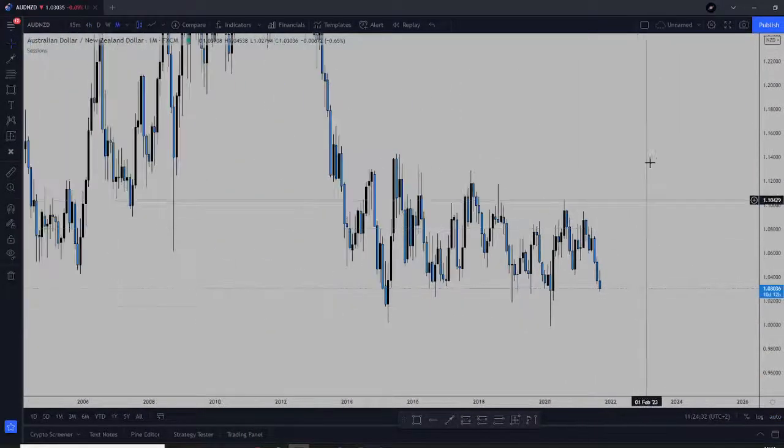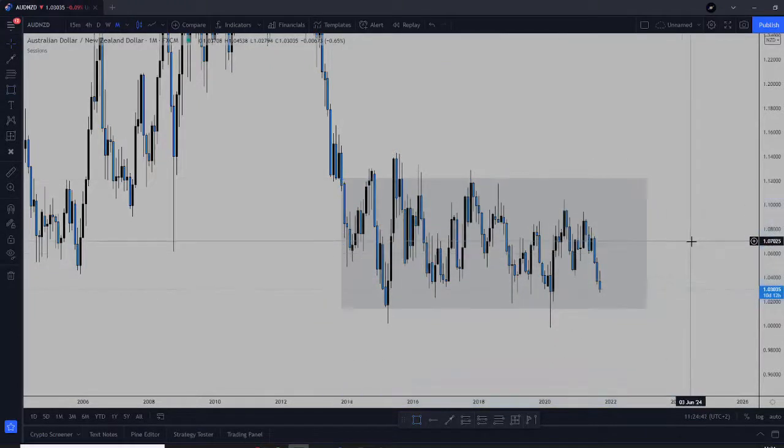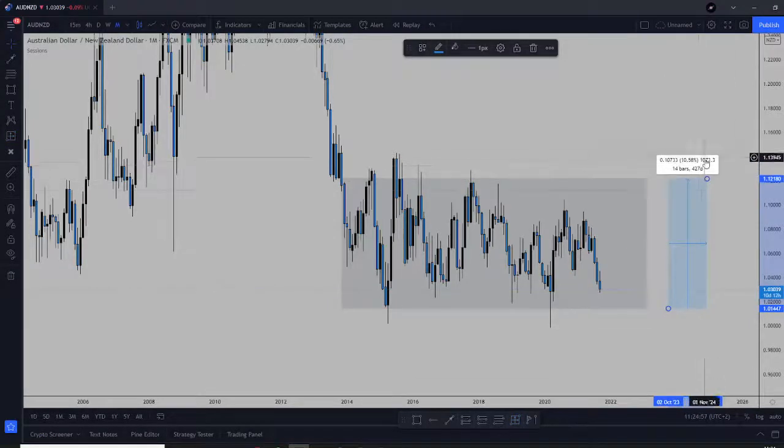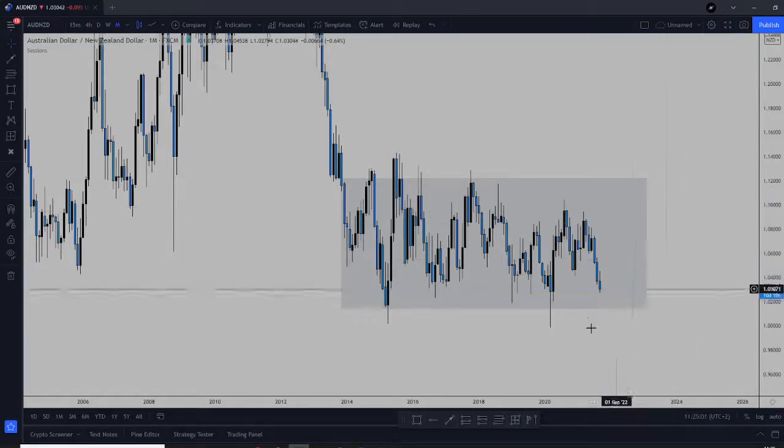Since 2014, so for 7 years, it's just been in this monthly ranging market, ranging between 1.01 and 1.12. So literally like 10 cents difference. Yes, those are a lot of pips, but in the end the cents is also what matters. So there's only 10 cents, and it's just ranging for years and years in a row.